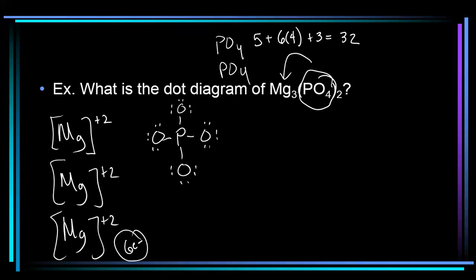How do we complete this? Bracket. Is that half? And how many electrons did it gain? No, 3.